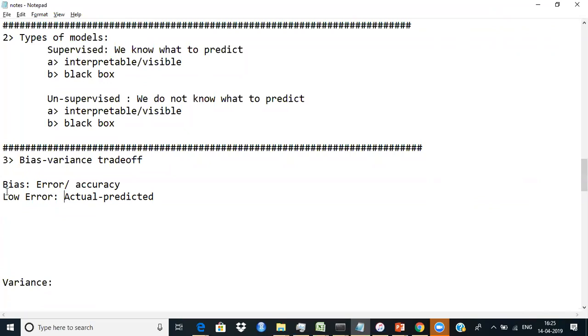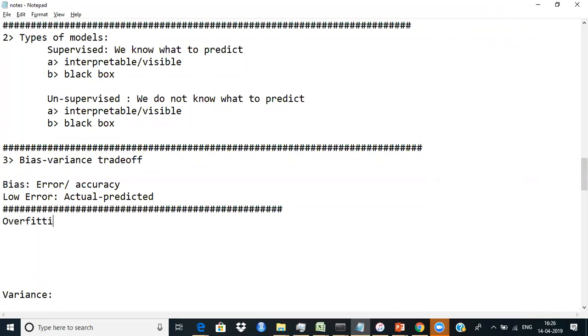Now, in today's world, the algorithms are so good at minimizing the error that we often encounter a problem known as overfitting. The algorithms are so good that they overlearn the data.